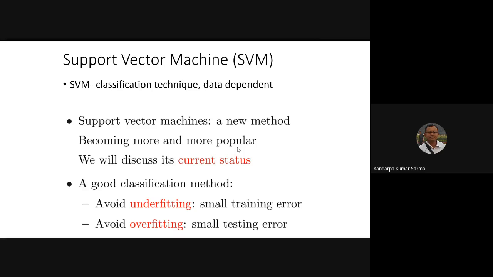Now we can find that the support vector machine is a data dependent classification technique. It is becoming more and more popular. We can find here to be a good classification method that can get rid of underfitting, where you have a small training error, and you can get rid of overfitting, where you can have small testing error.